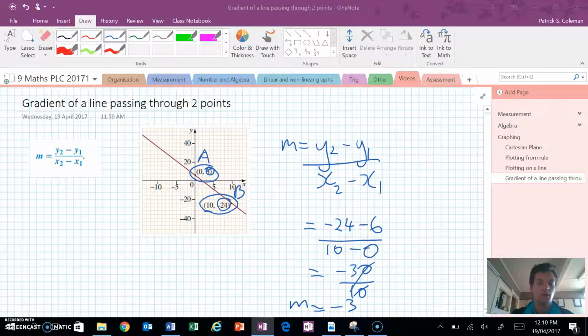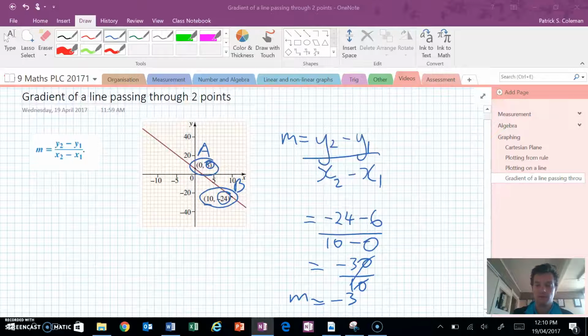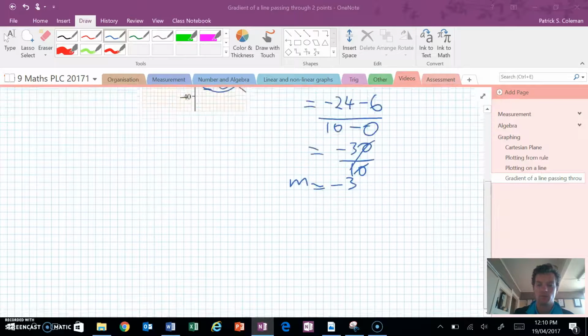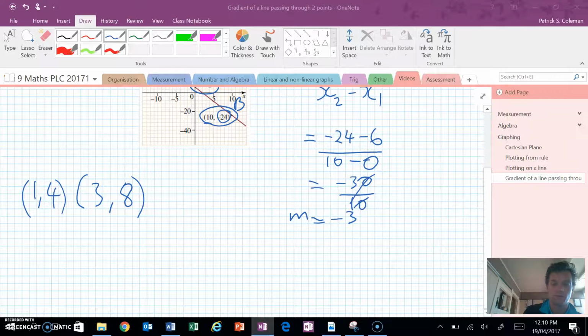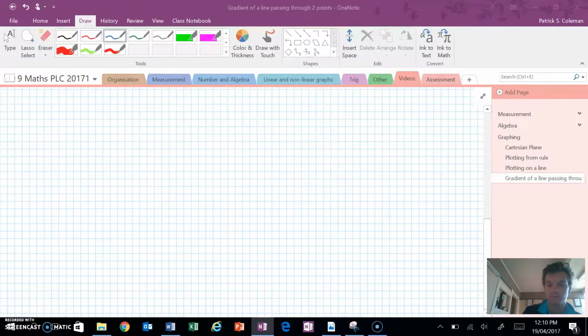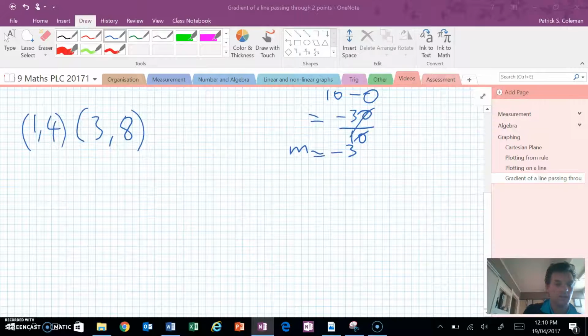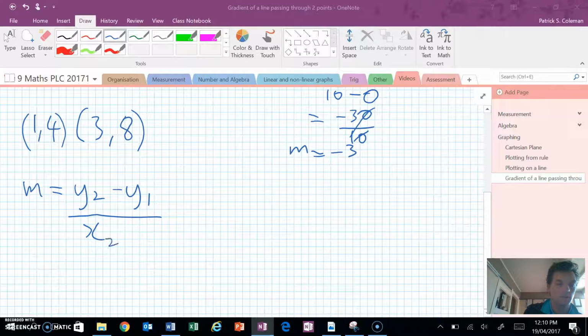Sometimes we won't always be given a graph, but we follow the exact same steps. Sometimes we might just be given 2 points. So let's say, for example, we're given the points 1 and 4, and the points 3 and 8. We follow the exact same process. We take our formula m for gradient, y2 minus y1 over x2 minus x1.